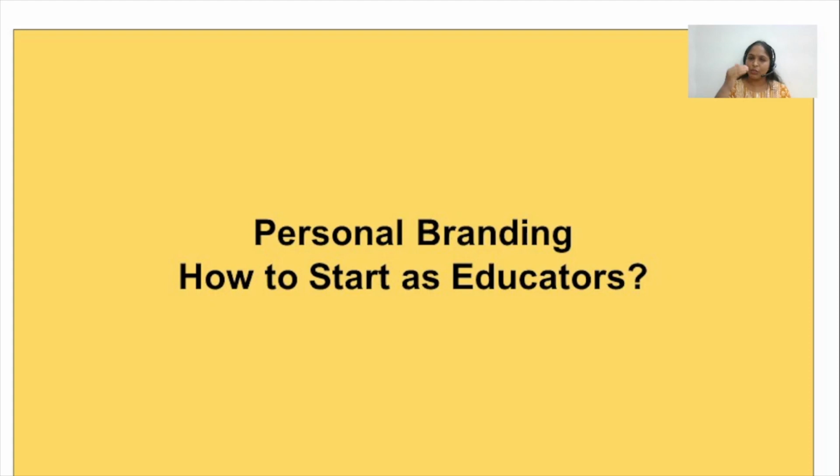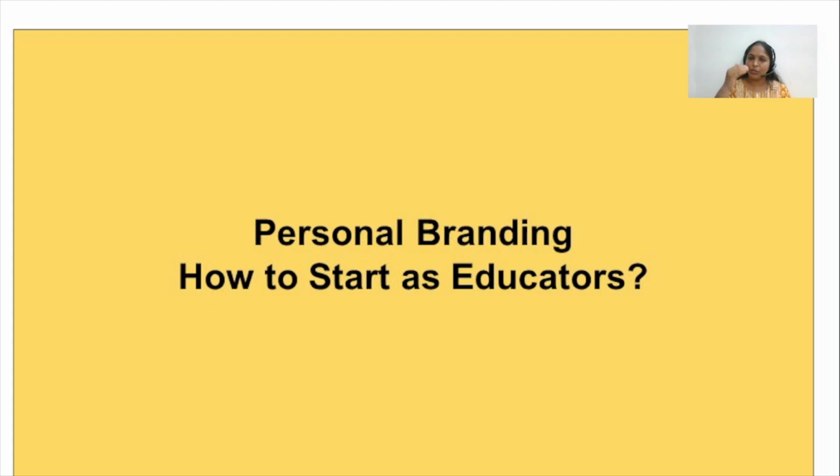If you look at this pyramid, it has some levels. We will take a bottom-up approach. There are 7 building blocks in this personal branding pyramid. The first is unknown, second is self-awareness, third is vision, mission, goals, the fourth is target audience, the fifth is value proposition, the sixth is communication, and the seventh is the brand, which is the major agenda we are looking for in this session.